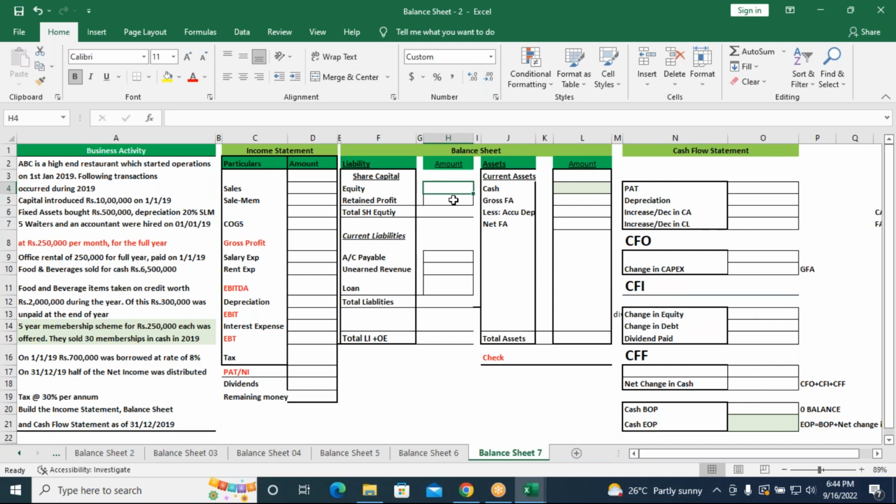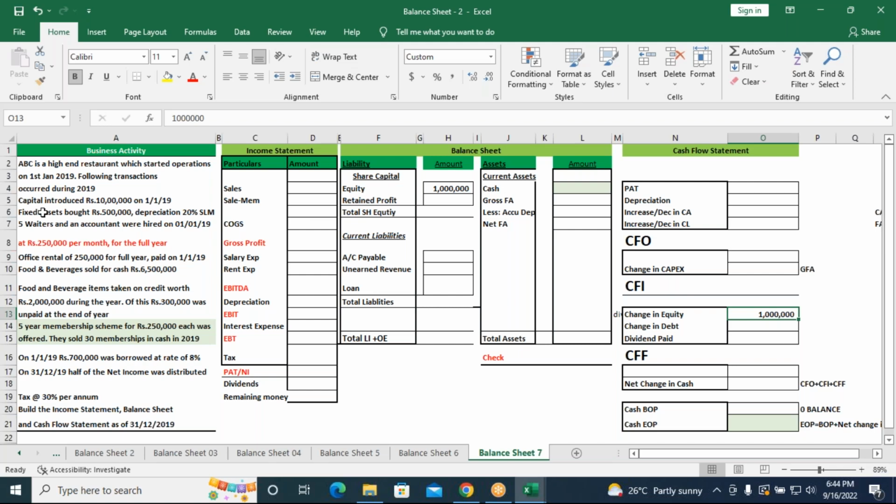So equity share, how much do I have to show? 10 lakh. Then I have to show it in the cash flow statement also, under CFI, the cash flow investment activities. I'll show it as 10 lakh. Should it be positive or negative? It should be positive because cash is coming in.